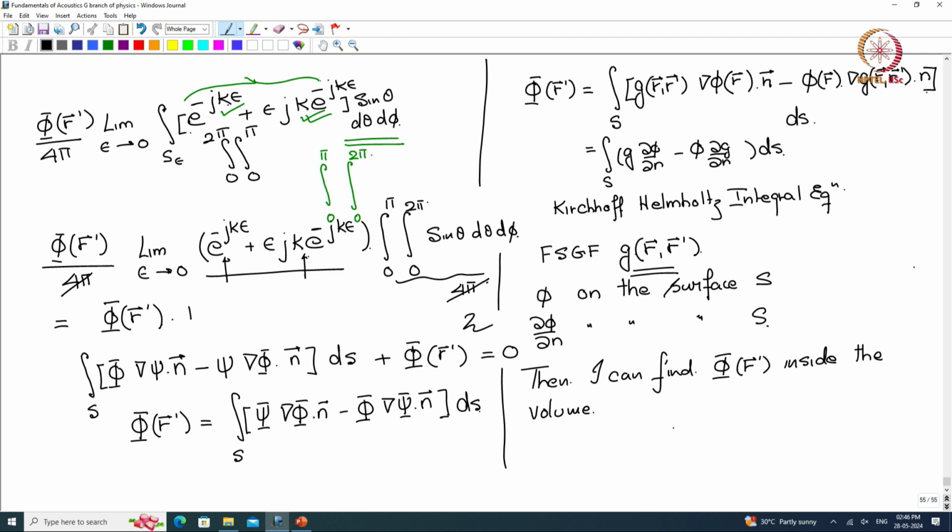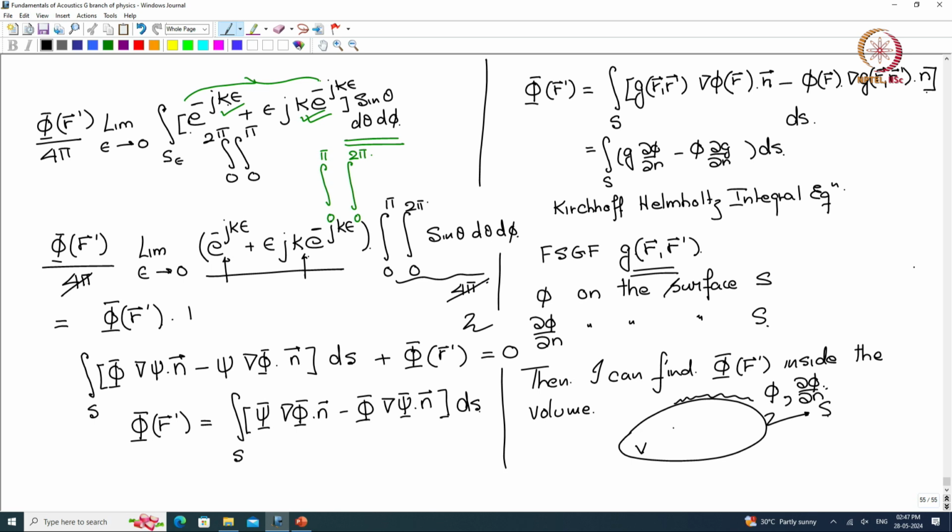Okay. So if I have a volume bounded by the surface S, and on this surface I know values of phi, I know values of del phi del n.